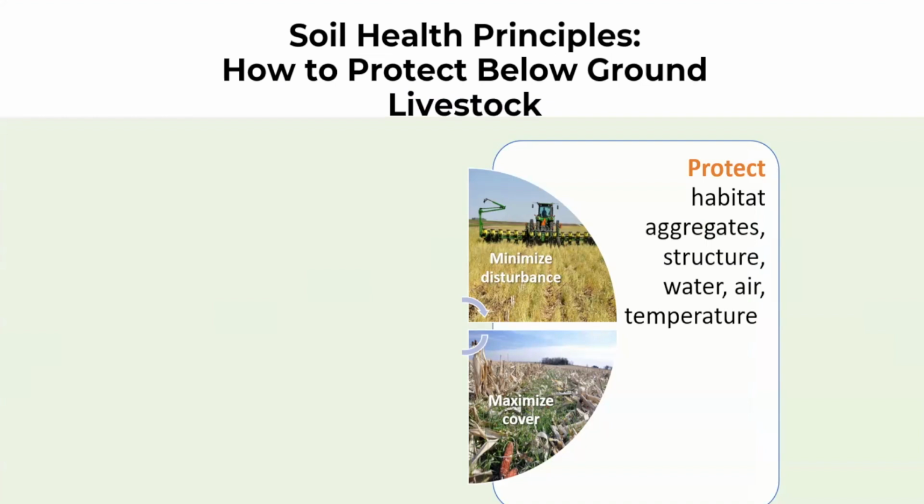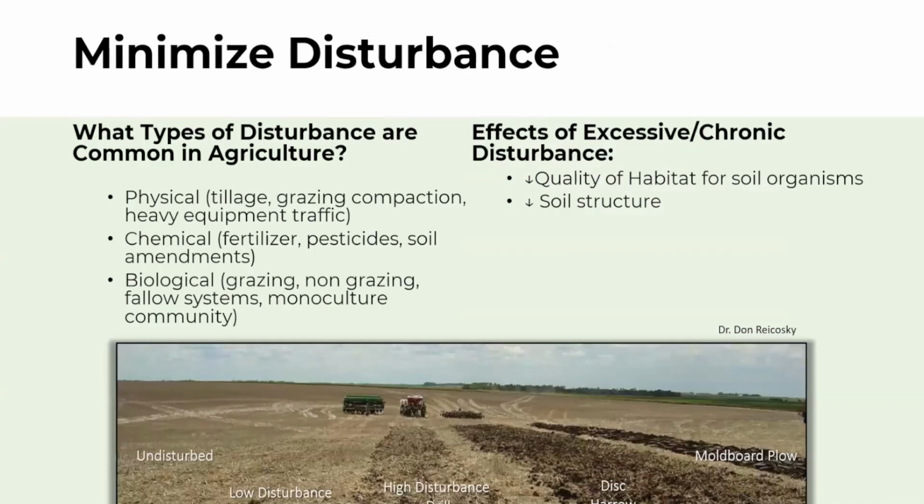First, in terms of protecting habitat for the below ground livestock, minimizing disturbance, maximizing cover. How do we minimize disturbance and why minimize disturbance? So first, a bit about the types of disturbance that are common in agriculture. The one that we're most aware of generally is physical disturbance, whether that is from tillage, from grazing compaction, or heavy equipment traffic.